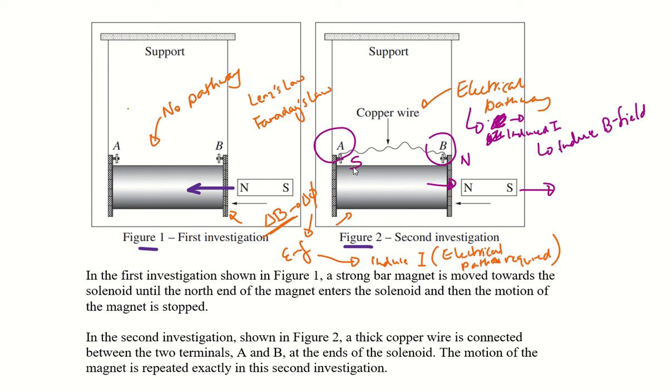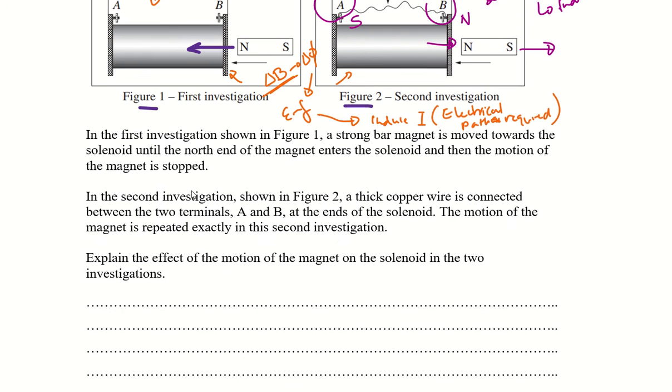Obviously this aligns with the law of conservation of energy because we're balancing the amount of energy of the magnet going in, so the kinetic energy going into here is converted into electrical energy to push it back out. Okay, so we're expecting that motion there.